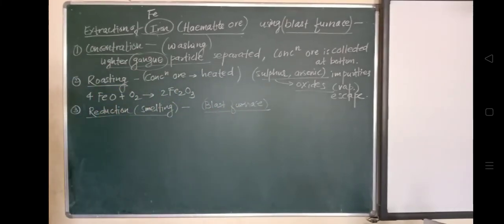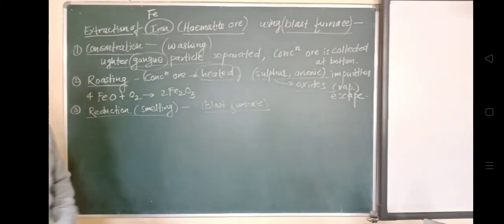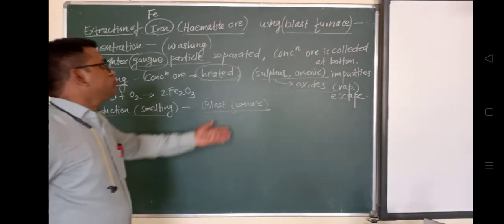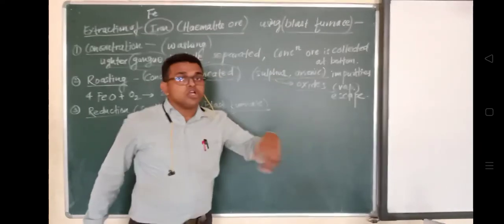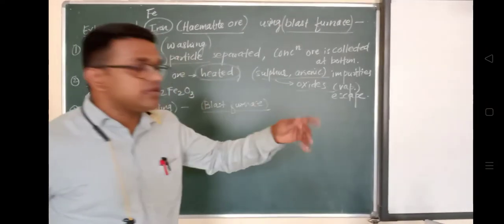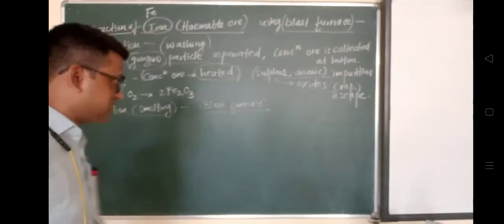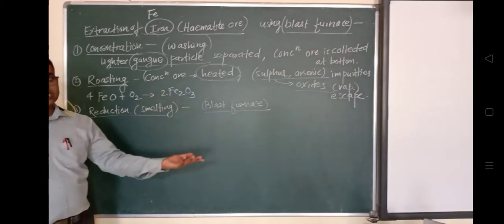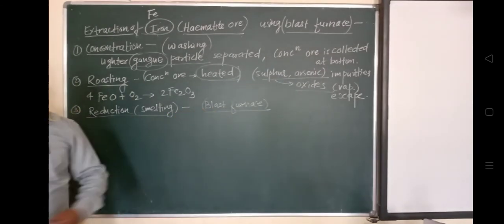After normal heating, some minor impurities like sulfur and arsenic get converted into oxides, and due to heating they convert into vapor form and escape. The third process is the reduction process, where reduction takes place in a blast furnace.